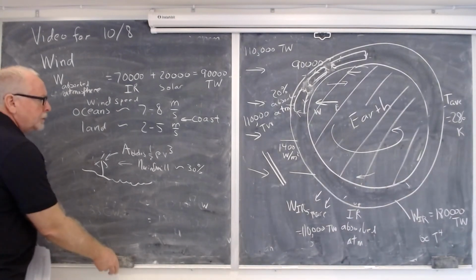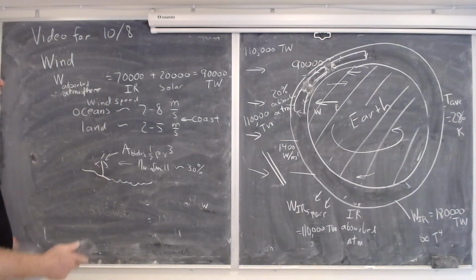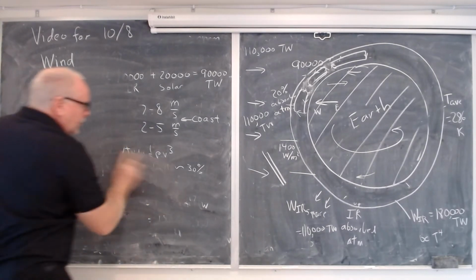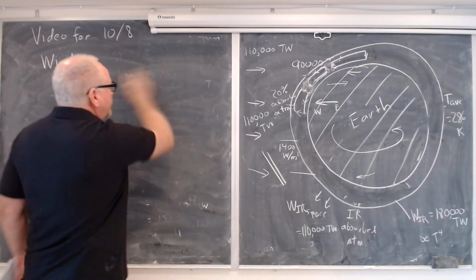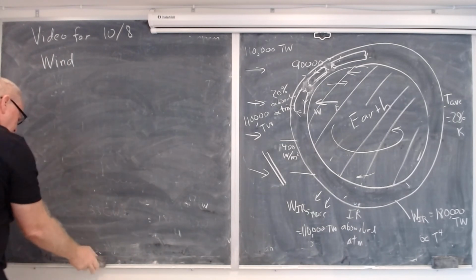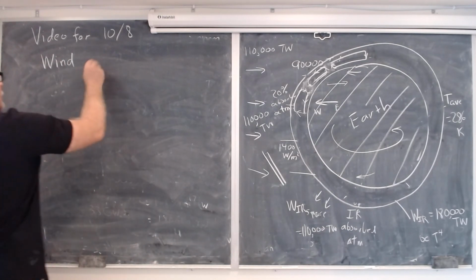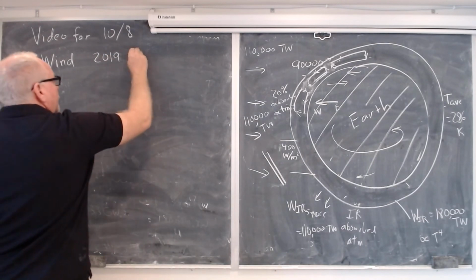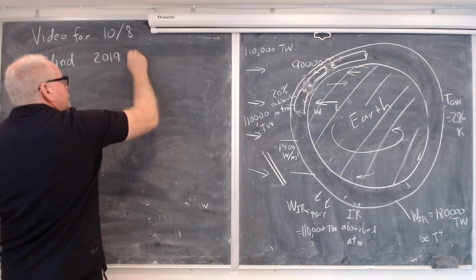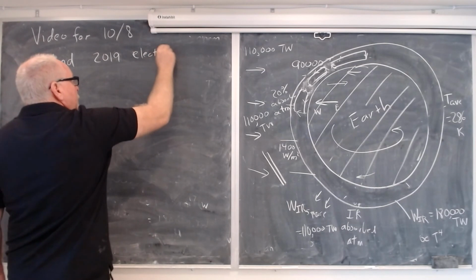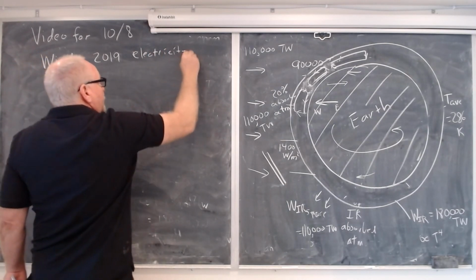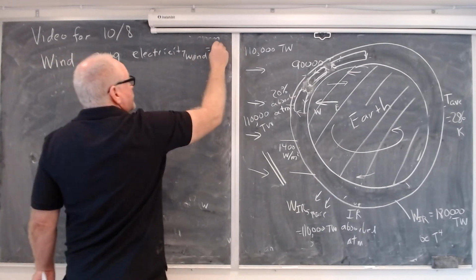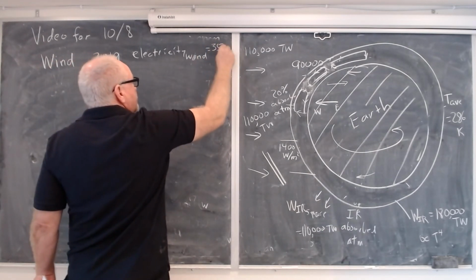Okay, so one of the things we would like to understand, and actually, your final project. So today, in the year 2019, electricity from wind is about 35 gigawatts.